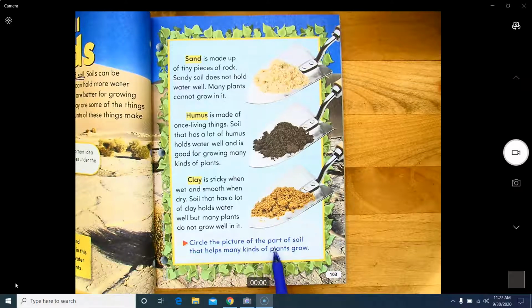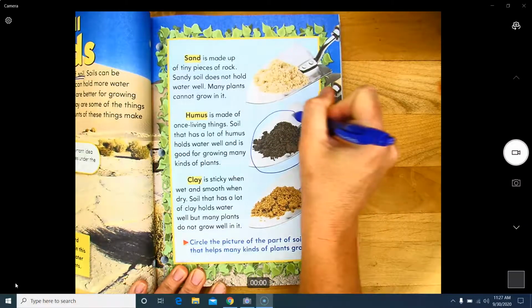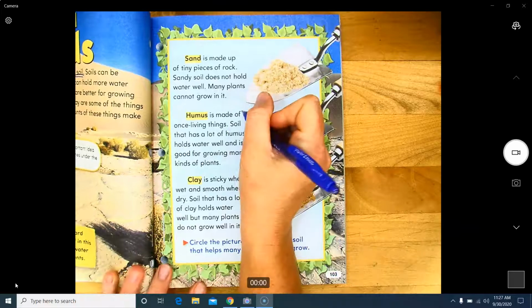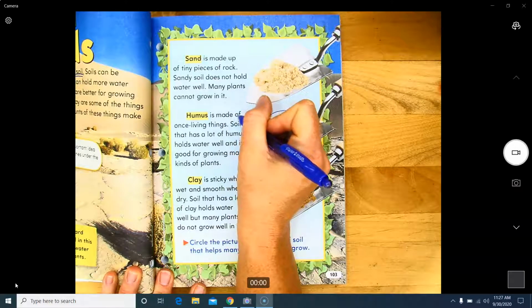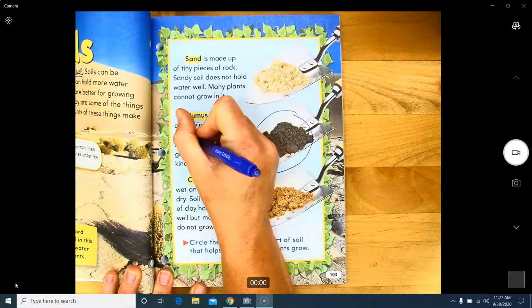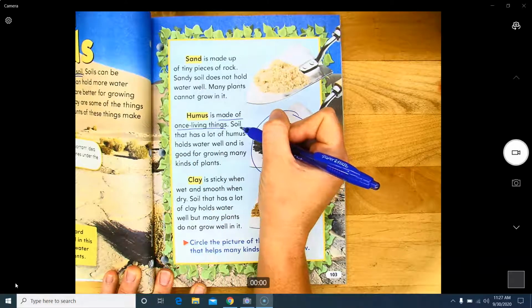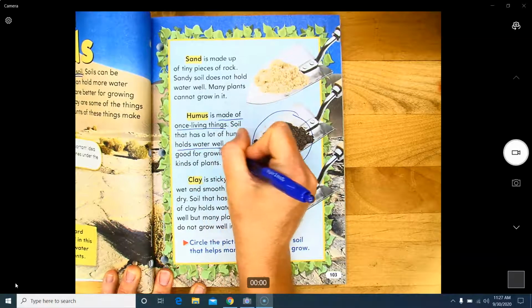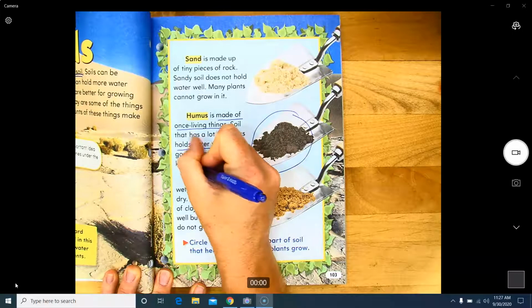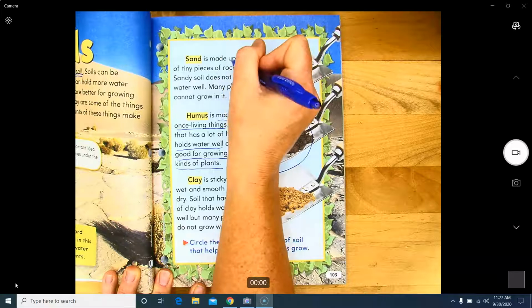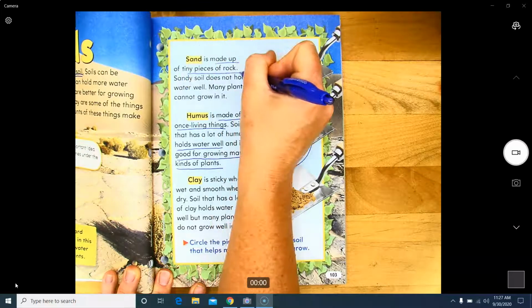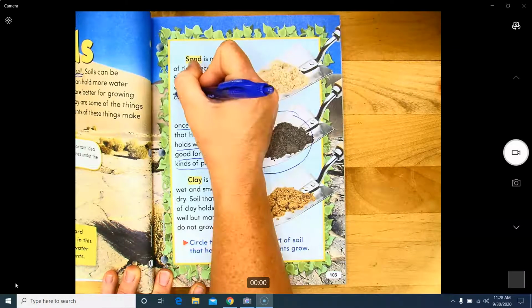Circle the picture of the part of soil that helps many kinds of plants grow. Let's write this one. Helps many kinds of plants grow. So I'm just going to underline some key words. So humus is made up of once living things, holds water well, and good for growing many kinds of plants. Sand is made up of tiny pieces of rock, does not hold water well.